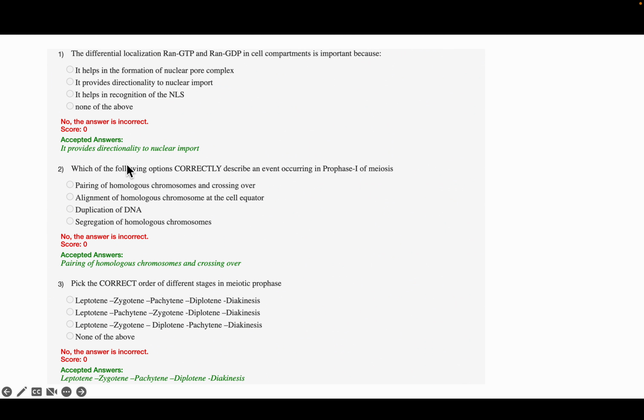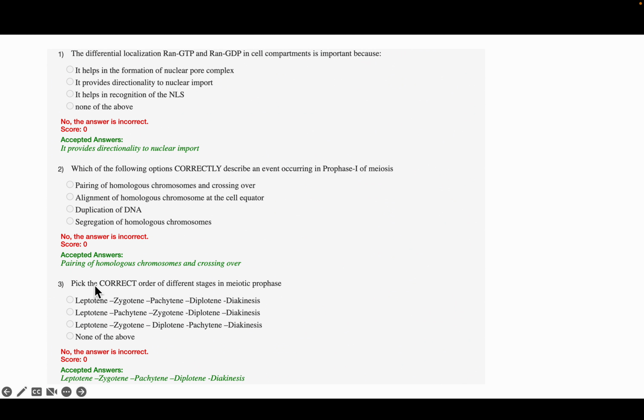When we go through the stages of prophase 1 of meiosis in detail, we'll see that homologous chromosomes come closer to each other, pair with each other, and then eventually do crossover. This whole process happens in prophase 1, so option 1 will be the correct answer.